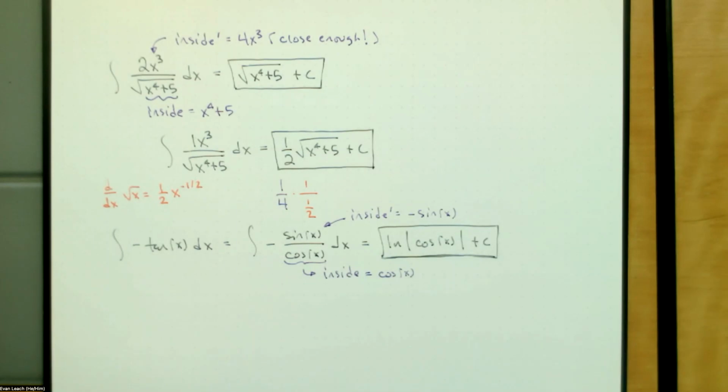So I'm integrating a 1 over x function, which is the natural log of the absolute value. Natural log of absolute value of cosine x. So it's a little bit different than the previous, because the previous started with natural log of x, and this one starts with tangent. So we started with different domains in each of these problems.